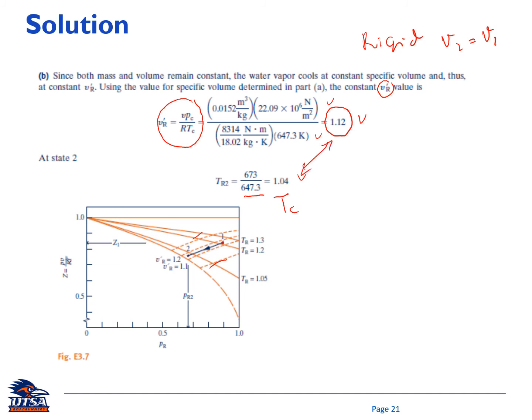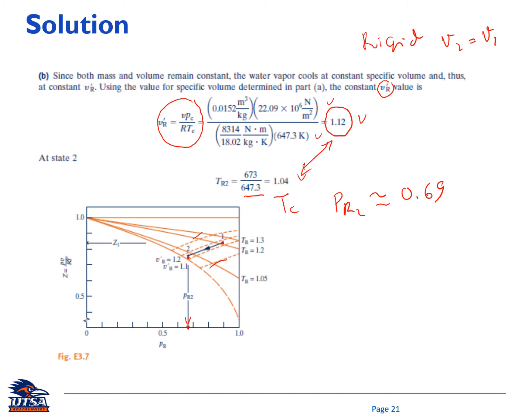You might have 1.04 somewhere here, and then you draw a vertical line, and going down it will cross the horizontal axis at some point here. So you might have PR2 around, let's say, 0.69. Once again, you might have 0.68, you might have 0.67 or 0.71. It is reasonable.